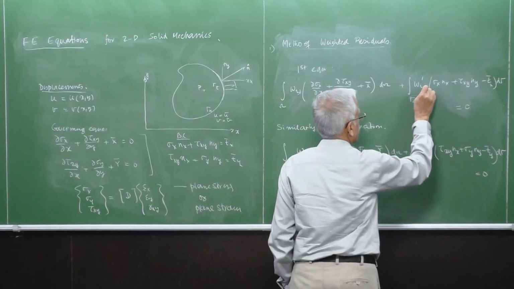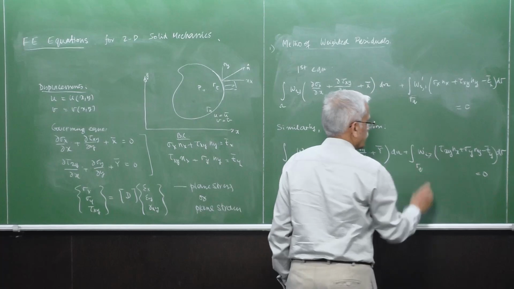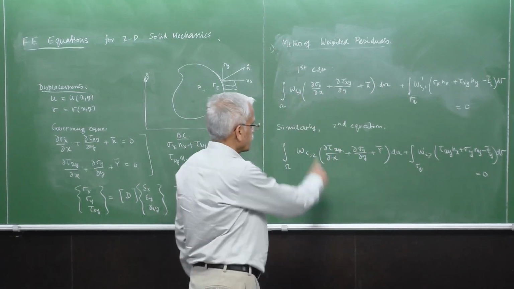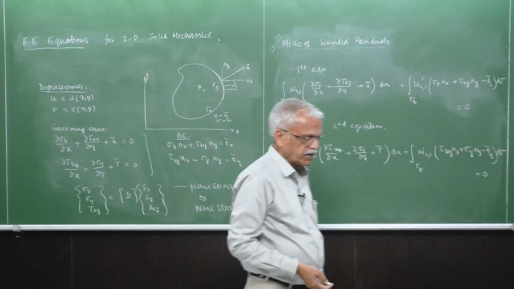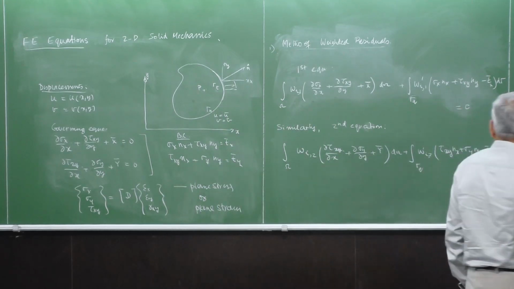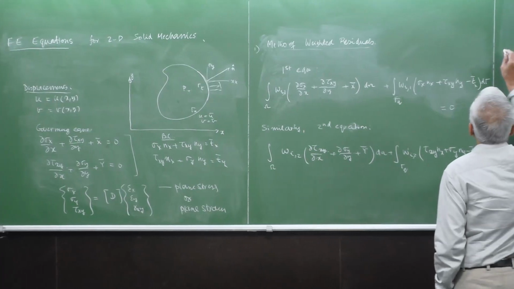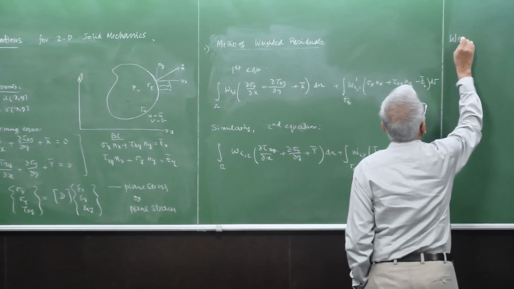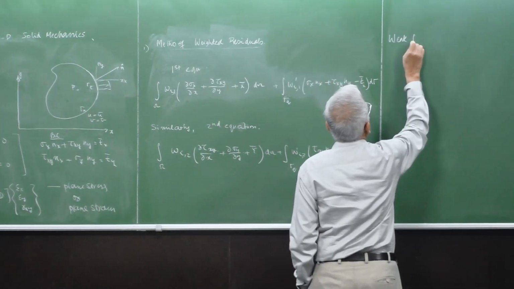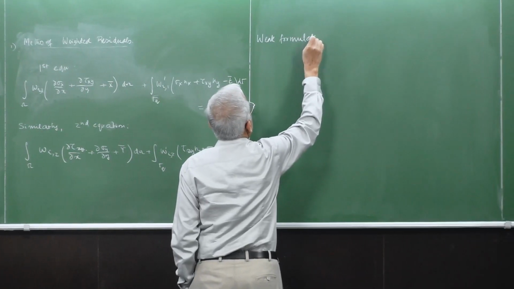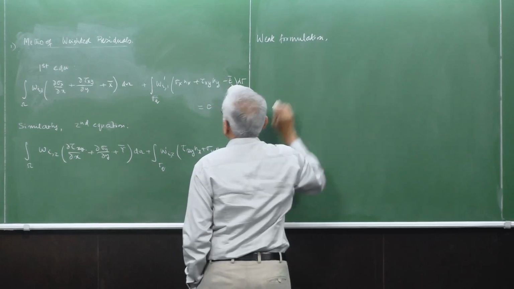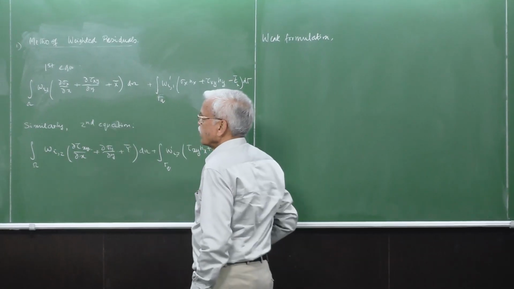Because there are two equations, the weighting functions may be related or may be different. So, the weak formulation is, we will do this one.